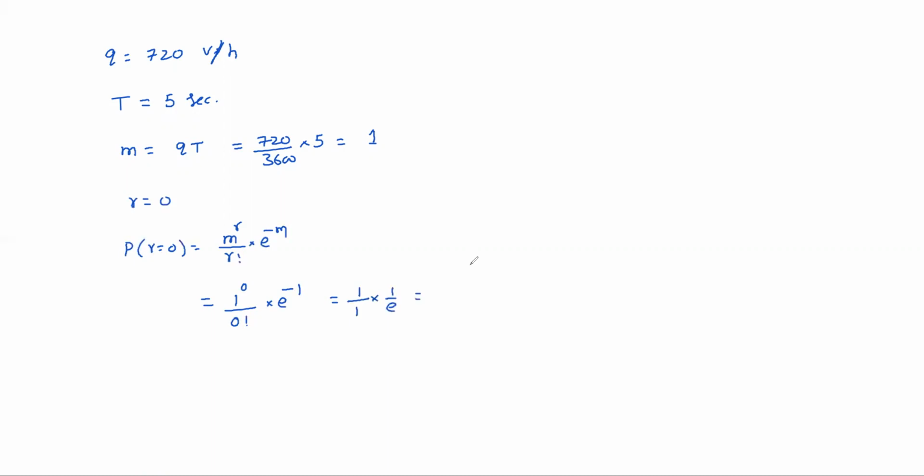How much is it? 0.37. 36 or 37? 1 by e value, 0.3678. So 37.